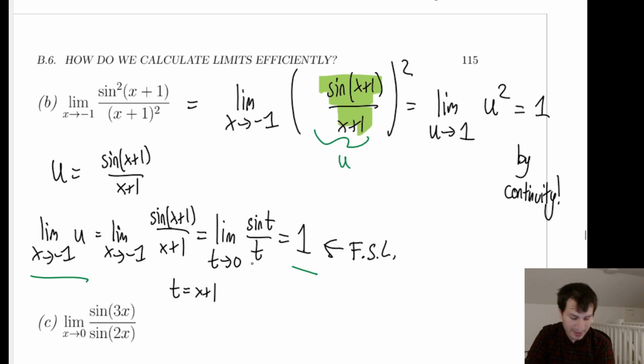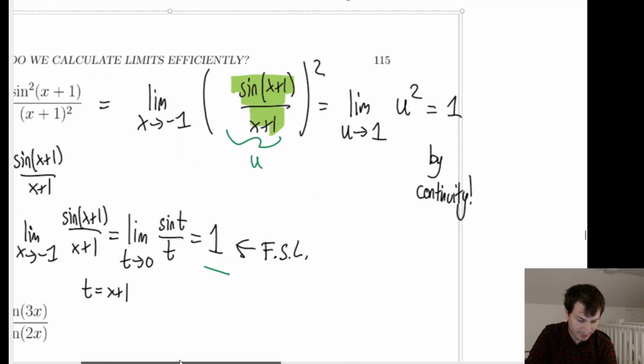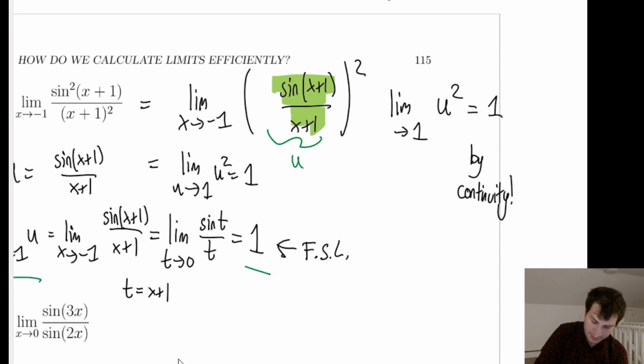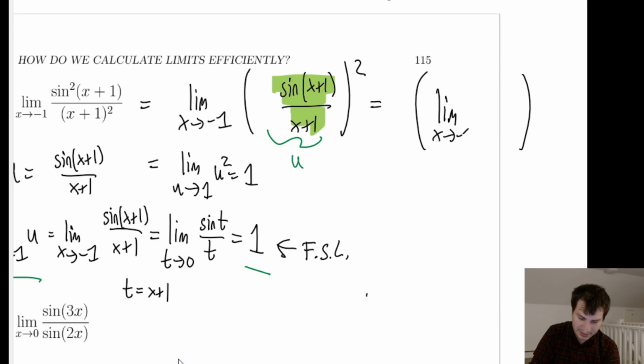Let me show you another way to write the same exact thing. You could have written, so okay, let me copy this stuff over. So this is the limit as u goes to 1 of u squared equals 1. Another way you could have done it, which means exactly the same thing, you could have just taken this limit and written that this is the limit as x goes to minus 1 of sine of x plus 1 over x plus 1 squared.